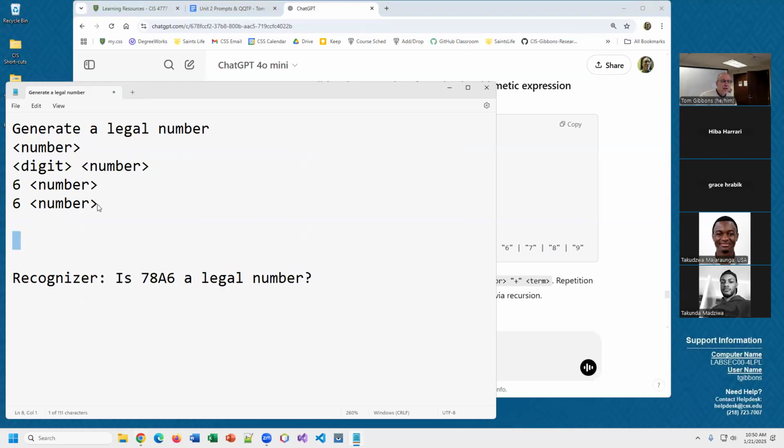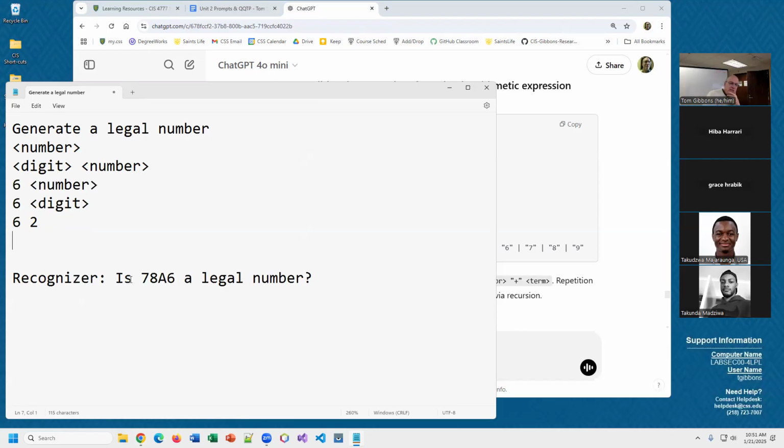And a digit can be any digit, so we can replace that with 2. So our legal value, number, is 62. That is using a grammar to generate legal or well-formed sentences or statements.